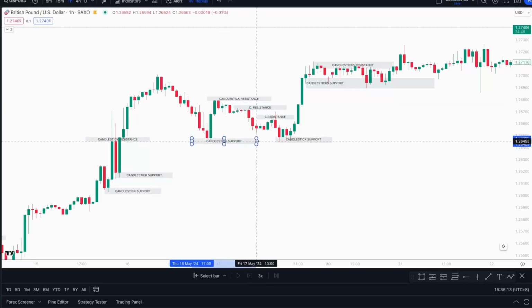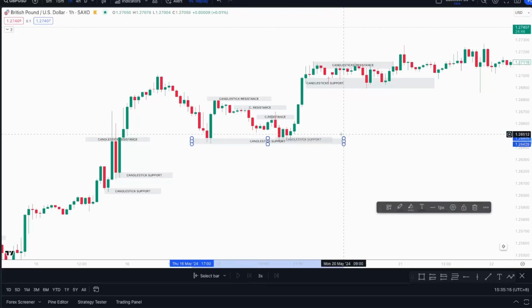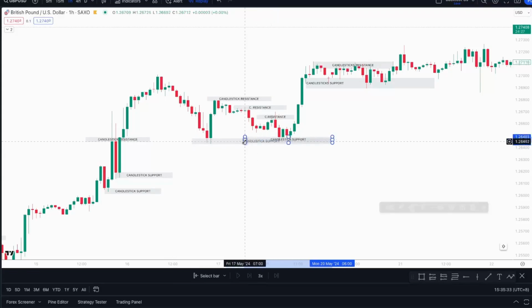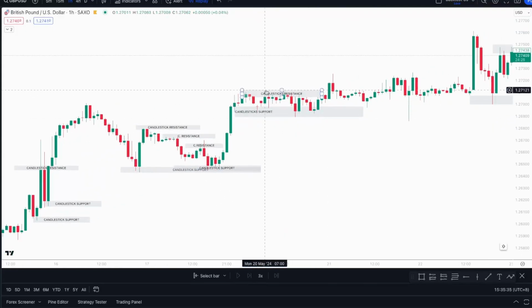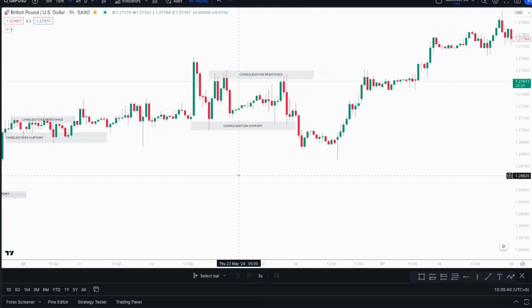And you can see sometimes it actually respected over and over again. Even though this is a fresh, new candlestick support, at this price level, price seems to refuse to move lower. This is candlestick support and resistance while it's consolidating, while it's moving sideways. And this is consolidation, resistance, and support, where price is making a mini structure in between.